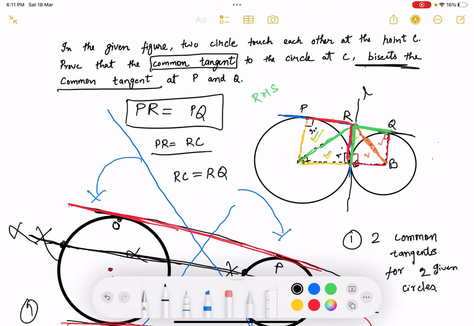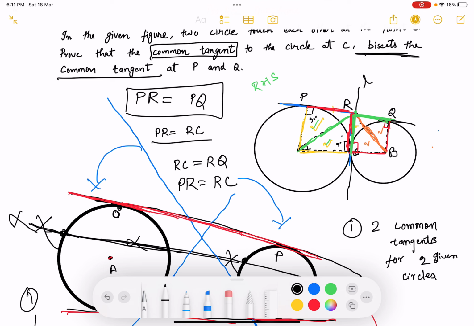So let's write this. PR is equal to RC. So from these two, what we can conclude is all three sides are equal. PR is equal to RC, and RC is equal to RQ. So obviously PR is equal to RQ, hence proved.